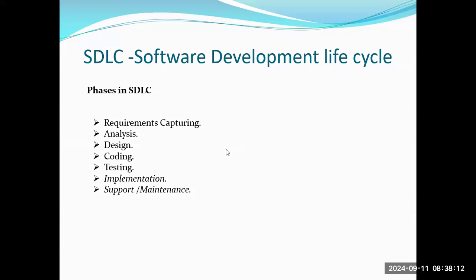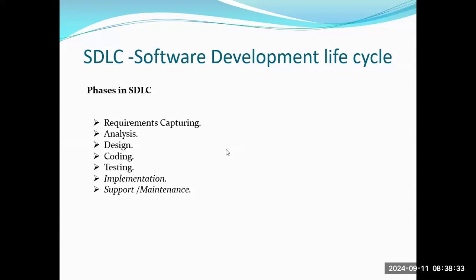In the SDLC process, why are we following SDLC? We require quality of software. If you want quality of software, we need to follow the SDLC process. What is the SDLC process? First we go with the requirements. Once we have the requirements, we go with analysis.